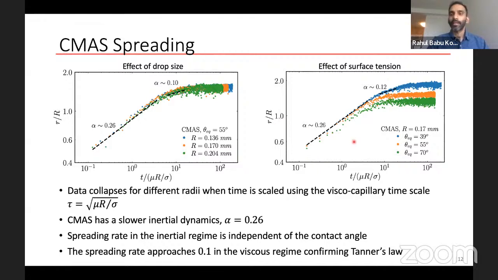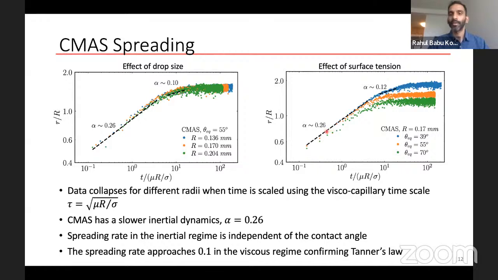On the right, where we have different contact angles, we don't see such a collapse. Again, this is expected. But what is interesting is that even at these different contact angles, the rate in the inertial regime is identical.